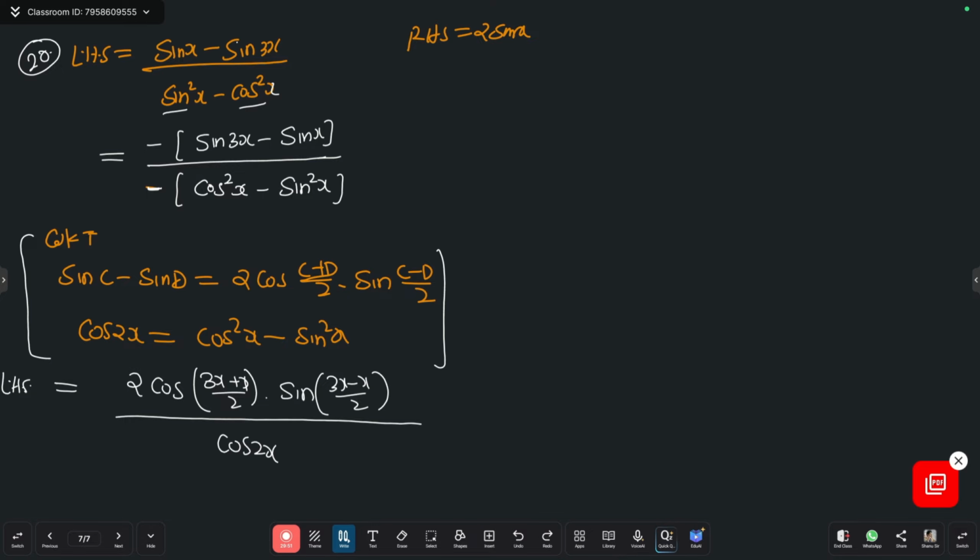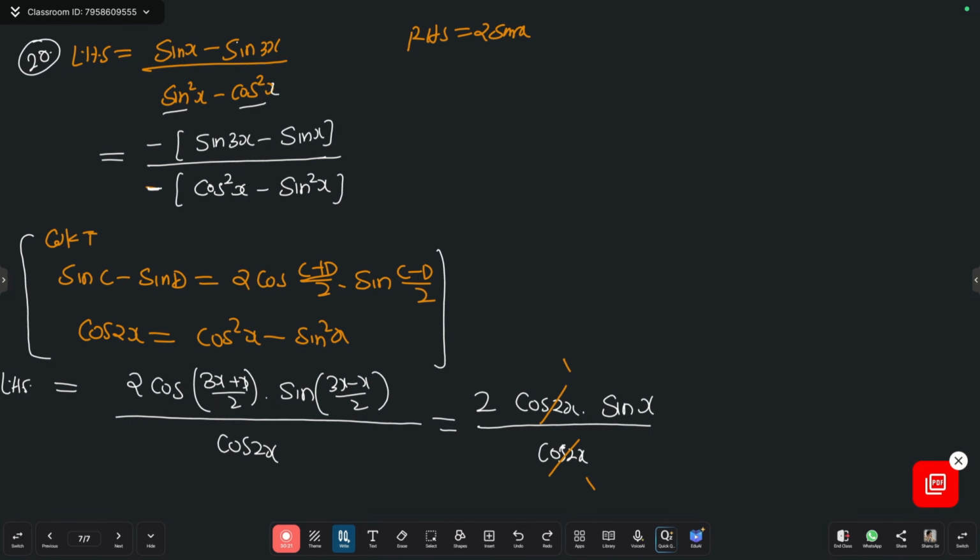Simplify: 3x plus x is 4x upon 2, which is 2x. So 2 cos 2x, and here 3x minus x is 2x upon 2, sin x only, upon cos 2x. Now you can see cos 2x and cos 2x cancel.